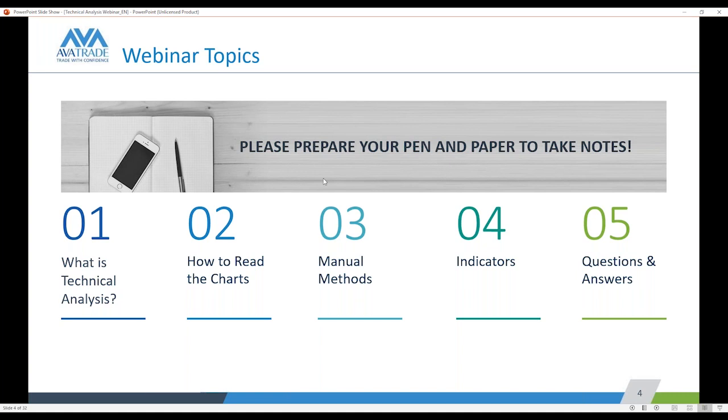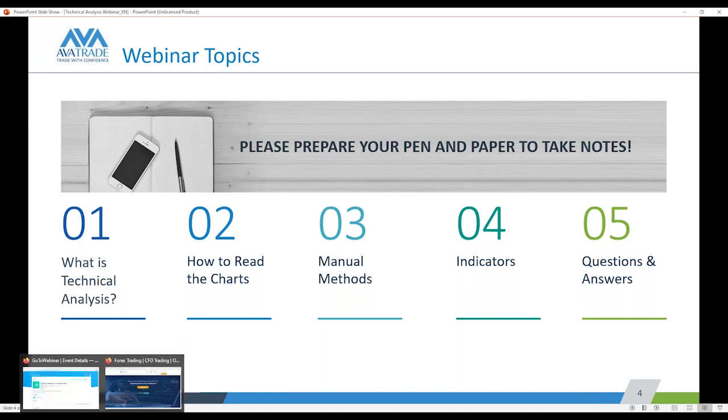And so I think it's probably best to understand these movements and these methods manually first, and then use indicators as a supportive mechanism to see if they agree with you and that you agree with them. If you have any questions or input that you want to give as we go along, please do so in the chat box.